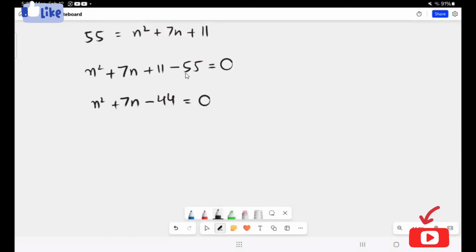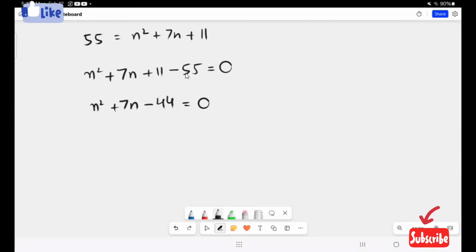This equation is in the form of a quadratic. We can factor this equation, so we have to find two numbers whose product is 44. That is 11 times 4, which gives you 44. Since 7 is positive, I will take 11 as positive and 4 will be negative. So it turns to n plus 11 and n minus 4.